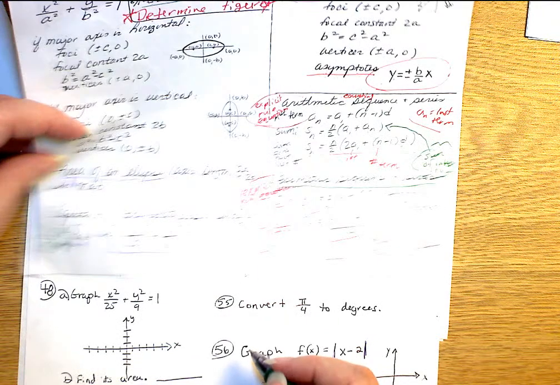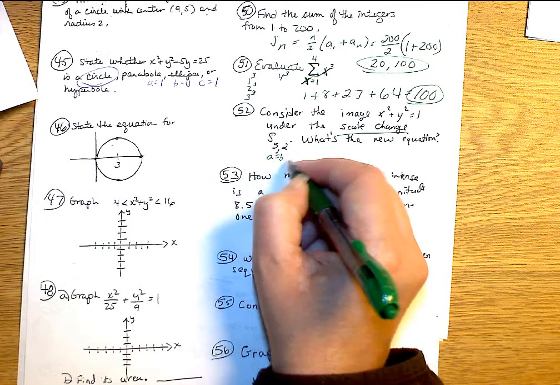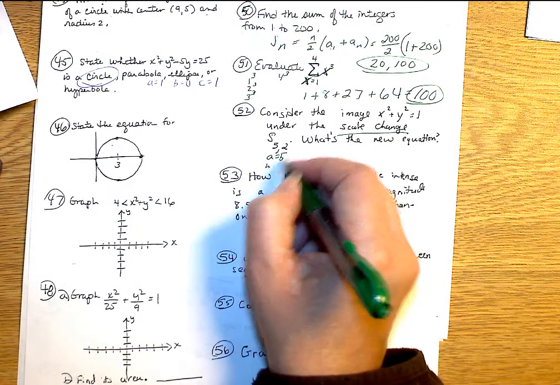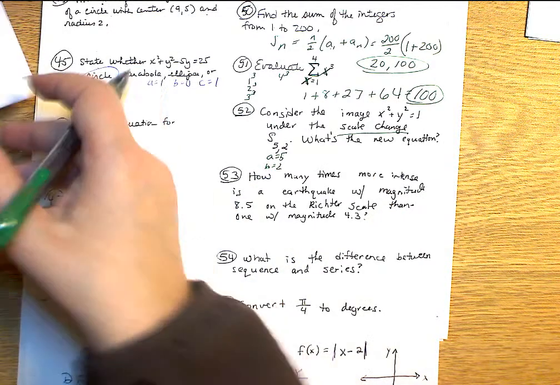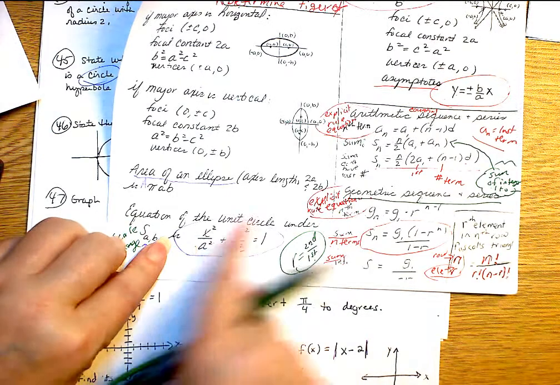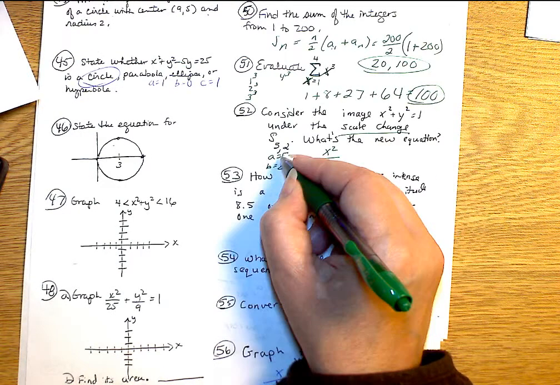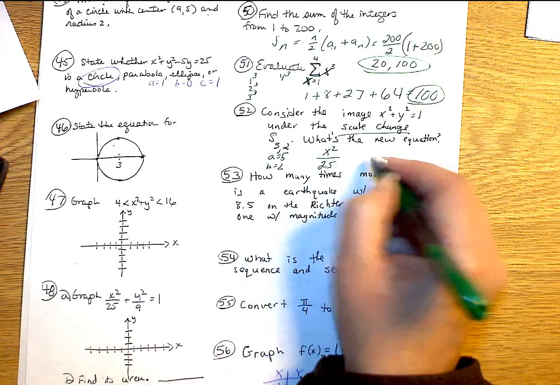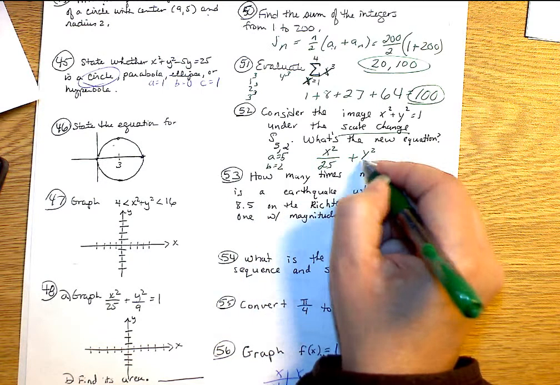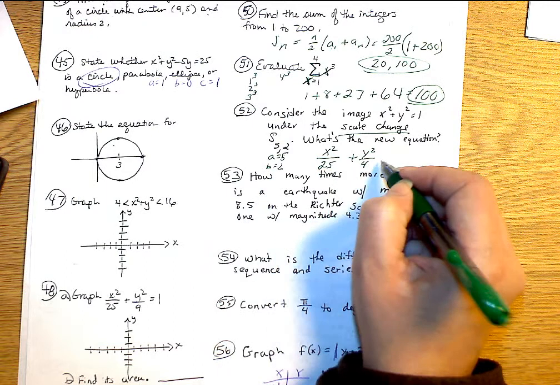And so A is 5 and B is 2. And remember, it is your ellipse equation. So it's x squared over a squared. 5 squared is 25, plus y squared over b squared. 2 times 2 is 4, equals 1.